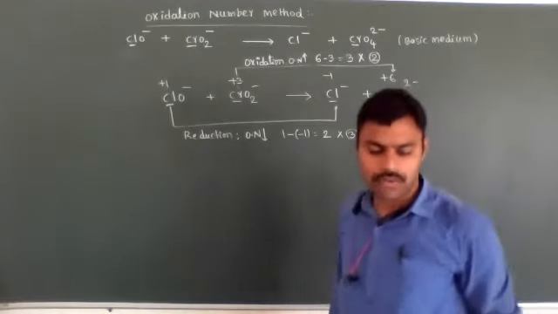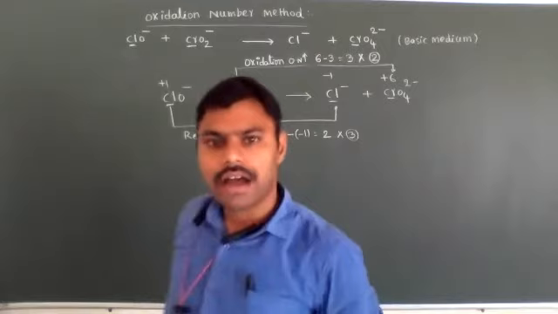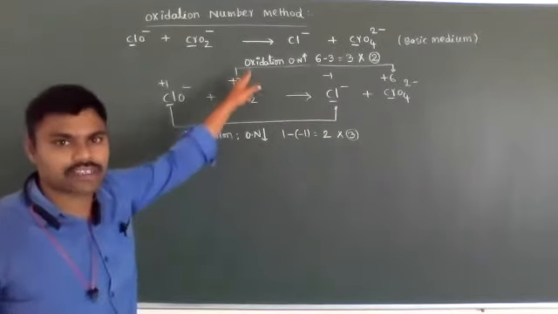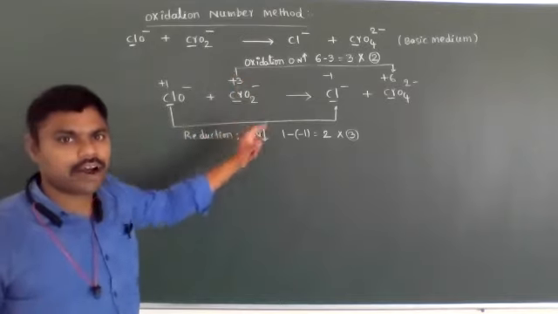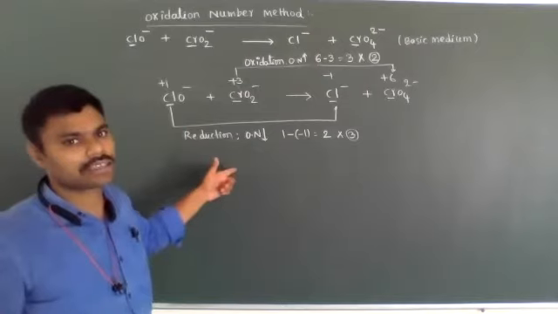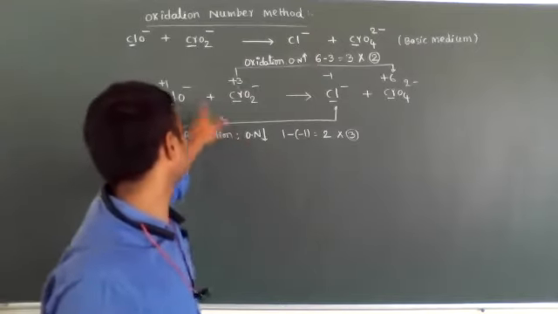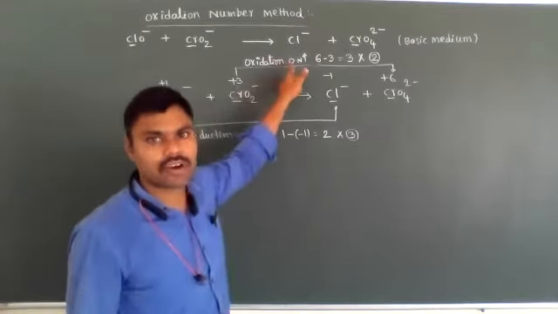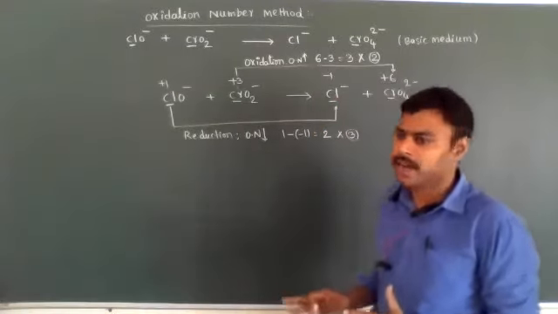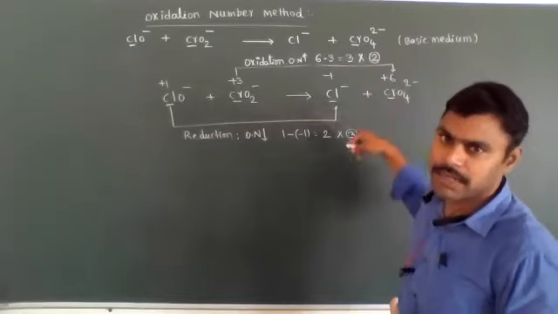After identification of oxidation numbers, and after we have identified the reduction reaction and the oxidation reaction, we need to identify the difference of their oxidation numbers: how much the oxidation number is decreased in the reduction reaction and how much it is increased in the oxidation reaction. After that we have to do cross multiplication.